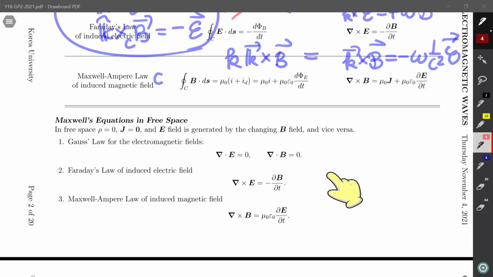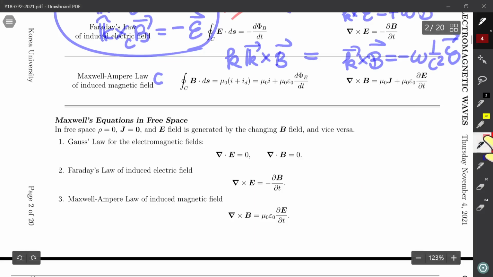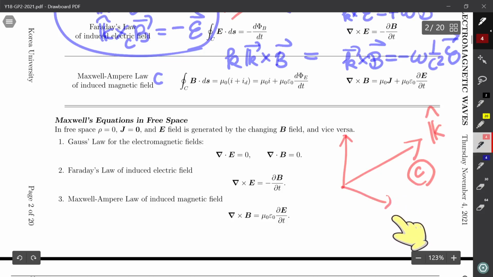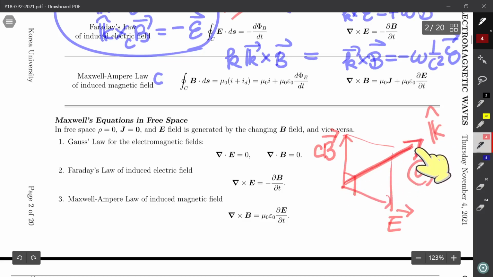All of the electromagnetic fields are traveling with the speed of light, and with respect to the direction of propagation, the electric field cross the speed of light multiplied by the magnetic field gives the direction of propagation.